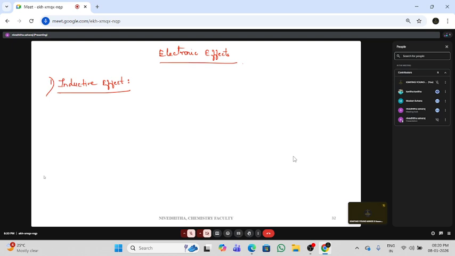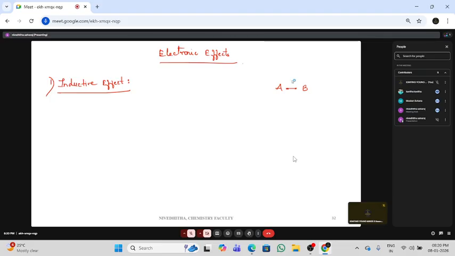Like substitution reaction, ma'am? No. Okay, listen. For example, I have a covalent bond. In a covalent bond, generally, will there be any charge separation? What is a covalent bond?